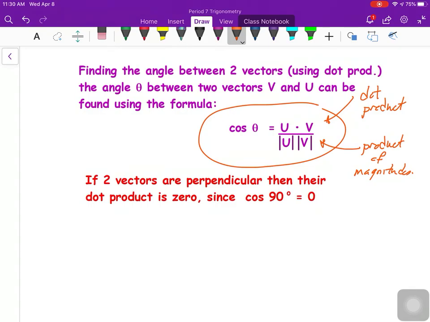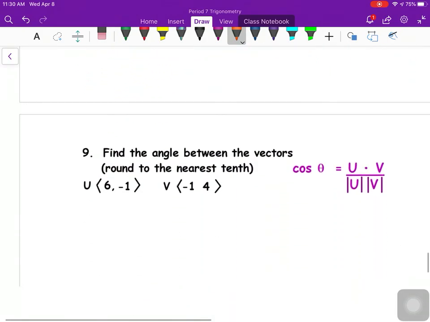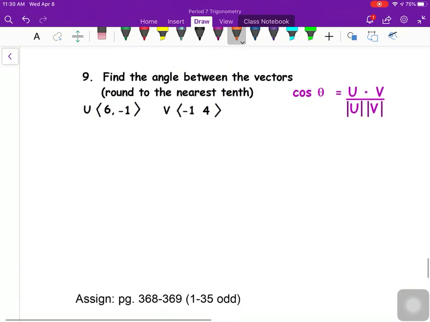And on the bottom we need the product of the magnitudes. Now, one thing that's handy to know is if the dot product is 0, then the vectors have to be perpendicular. Because the cosine of 90 is 0, so if the dot product is 0, meaning the top of the fraction is 0, then the angle itself has to be 90 degrees.